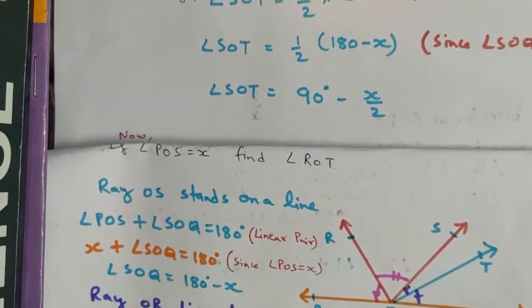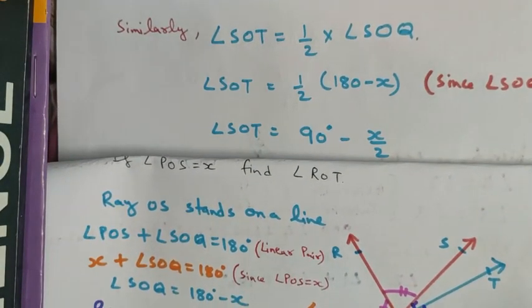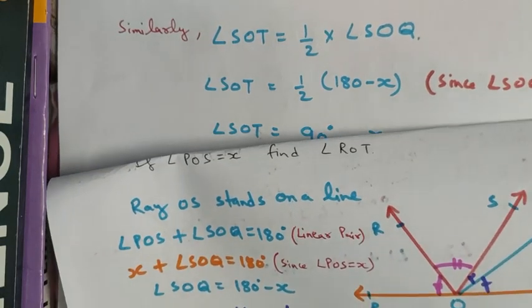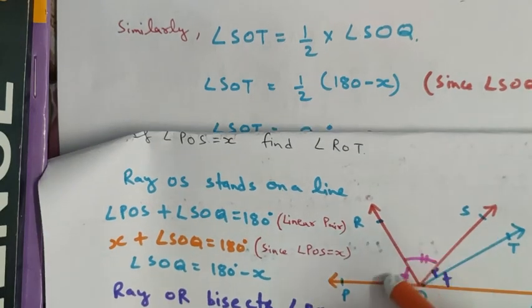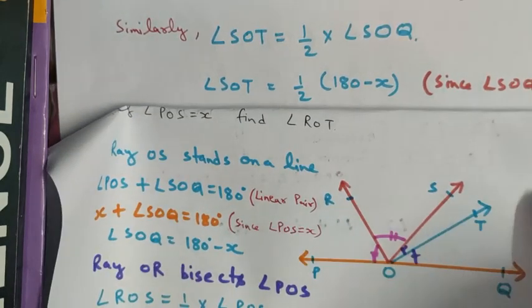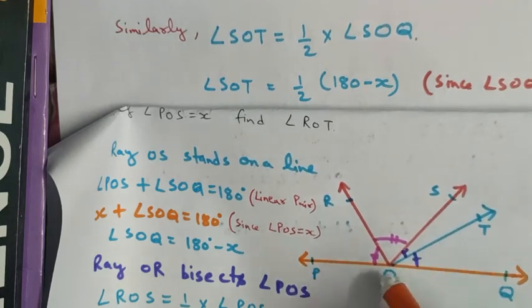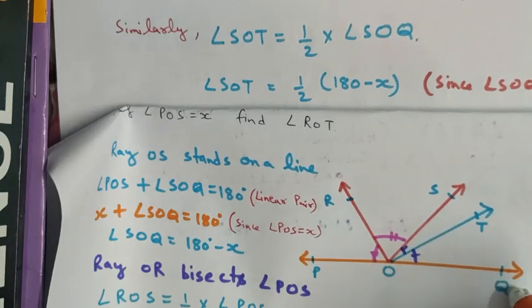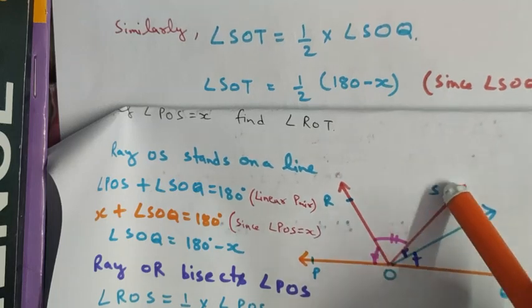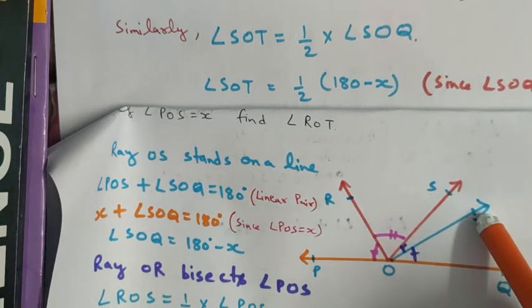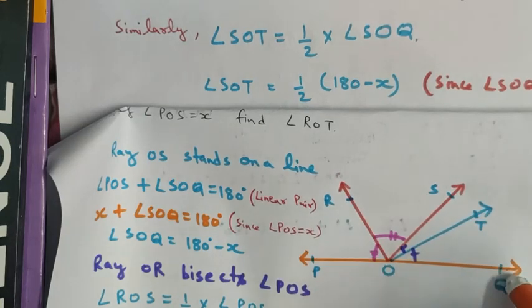Now similarly we can say that angle SOT, since it is given that OT is the bisector of angle SOQ, so angle SOT will be half of angle SOQ.